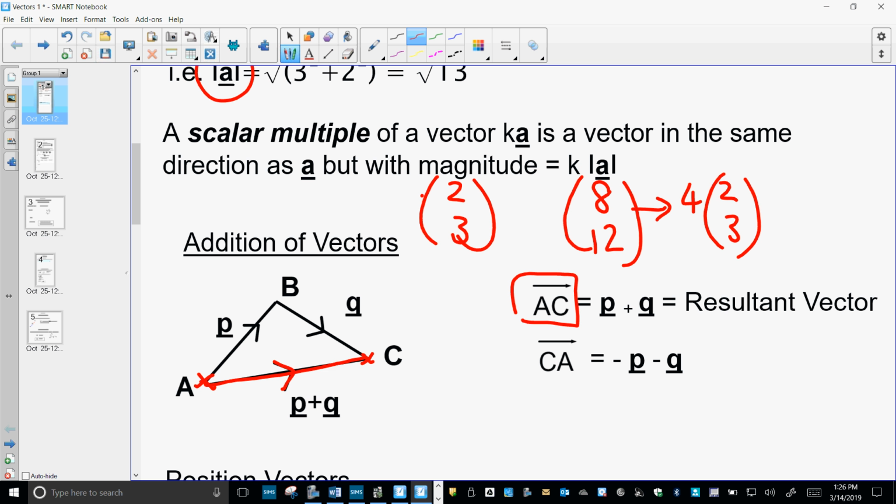So if we've been told that from A to B is called the vector P, and from B to C is called the vector Q, then we could also say that big A to big C could be P plus Q. Do you follow that?